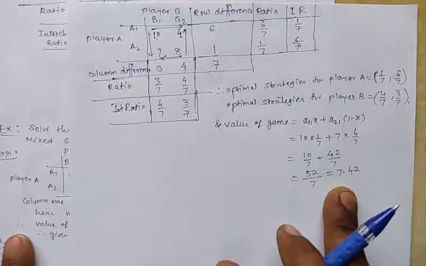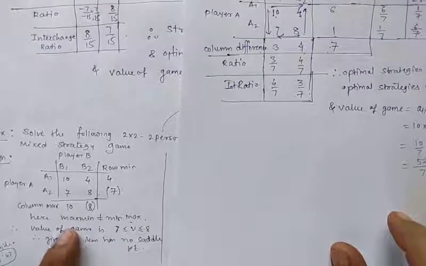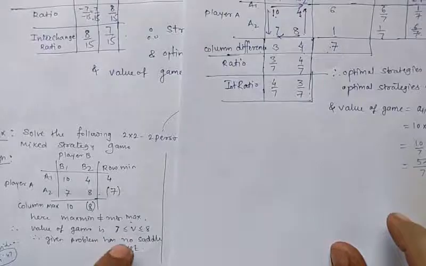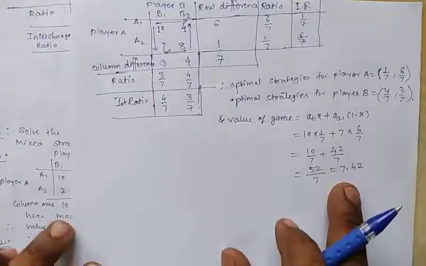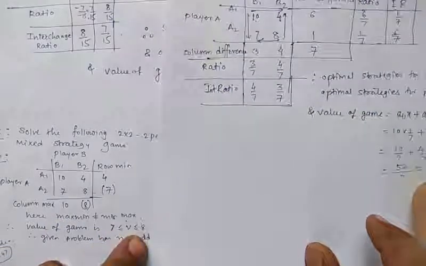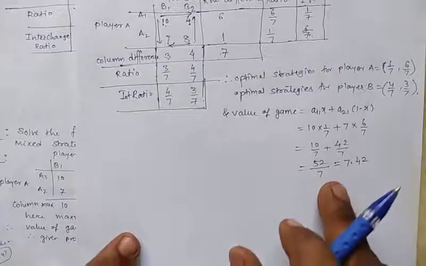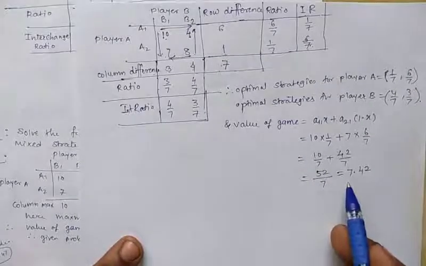And if the given problem has a saddle point, in this case the max min value is equal to the min max value, and this is the value of game. And if the problem has no saddle point, then the value of game lies between the max min and min max value, and using the algebraic method we get the exact value of game.